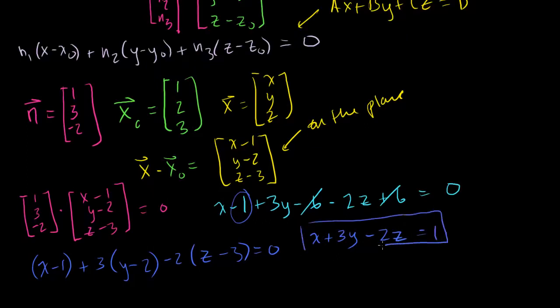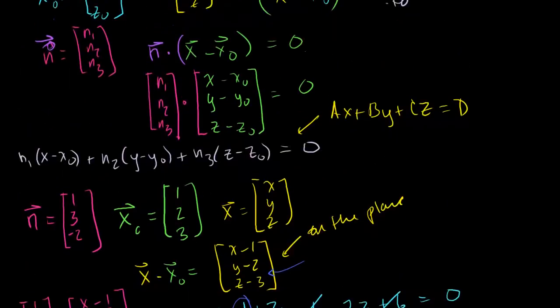And there you have it. Just by using the simple fact that this is a point on the plane and this is a normal vector, I was able to use the idea that the dot product of the normal with any vector that lies on the plane has to be 0. I was able to get this right here. I didn't have to go through this whole business.